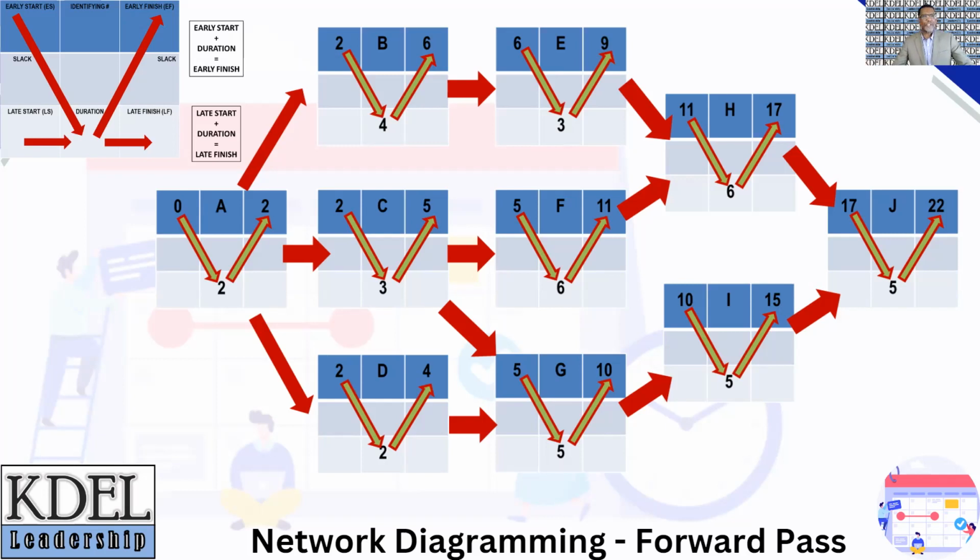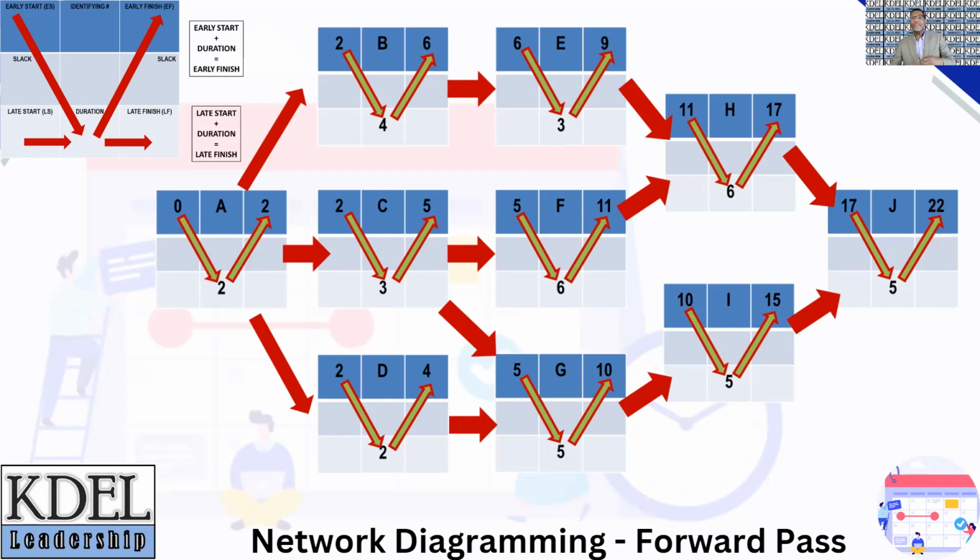Now, there's a rule I want to share here with you all. If 2 activities must be completed before a subsequent activity can begin, such as we observe with activity H. If you look here, activities E and F must be done before H can start. Then the later completion time takes precedence. Okay?